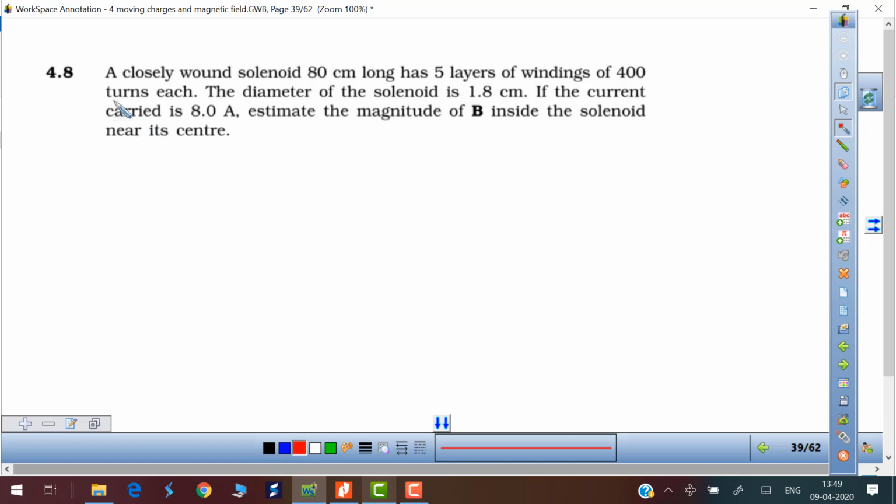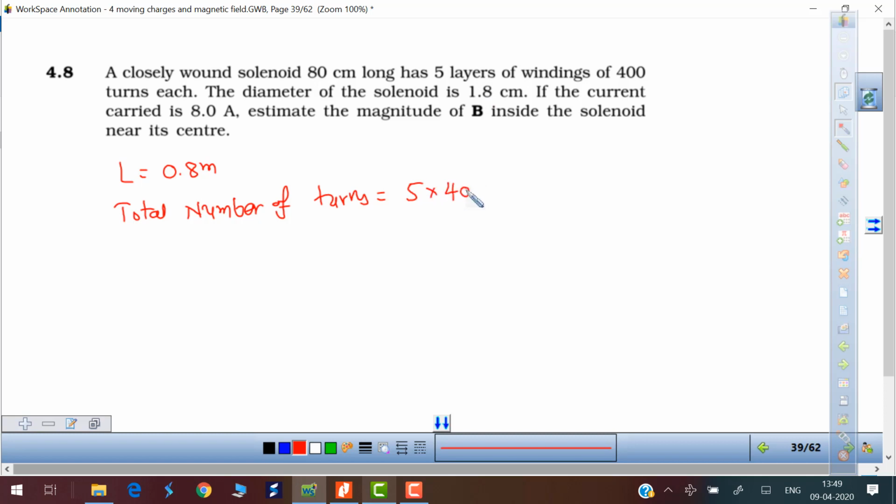So again, in 4.8, a closely wound solenoid 80 centimeter long. So the length of the solenoid is 0.8 meter. It has 5 layers of winding of 400 turns each. So the total number of turns is equal to 5 layers, and each has 400, so 5 4s are 20, so 2000.